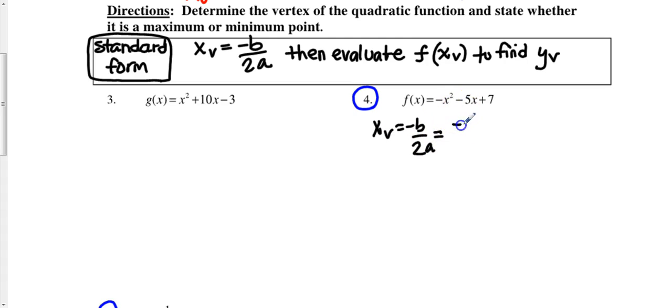I see that I have a negative 5, so I'm going to very carefully make sure that I'm substituting in a negative 5, realizing that that negative here creates negative negative 5. And then in the denominator, I have 2 times negative 1. So be very careful with your signs. Negative negative 5 is a positive 5. 2 times negative 1 is a negative 2. So the x value of the vertex here is half of 5, which is negative 2.5.